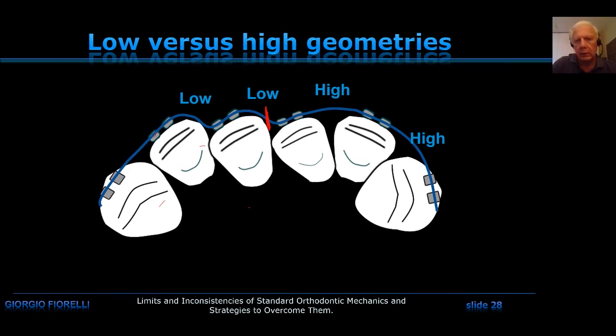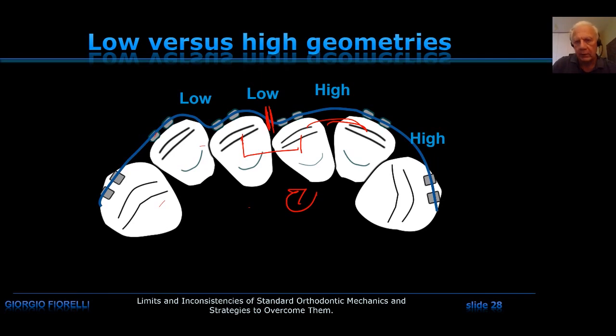So if you are cutting the wire at this point, the geometry between these 2 teeth doesn't exist anymore, of course. And what you will get is just the rotation of this incisor due to the high geometry from this area.